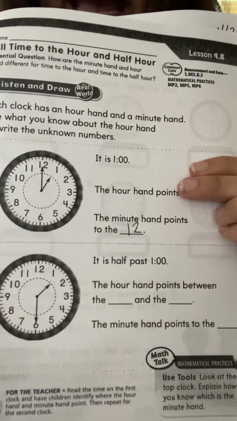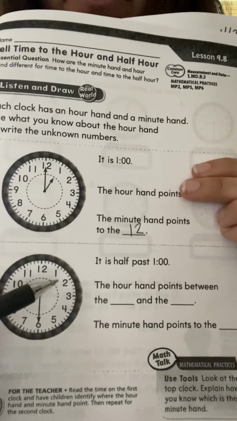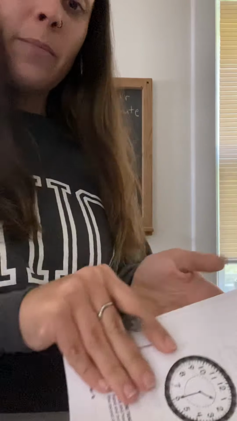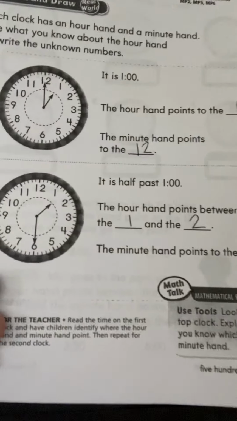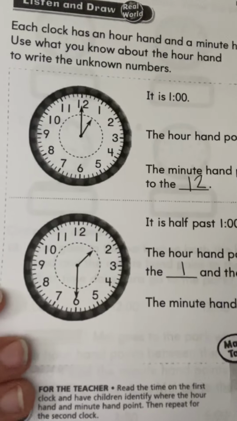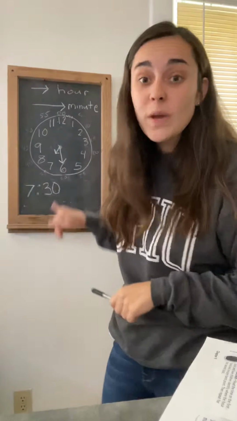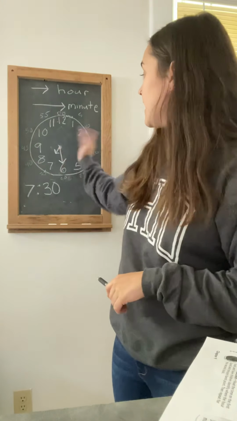So, the hour hand is in between what two numbers? 1 and 2, good. And the minute hand is where? On the 6, because that would be halfway between the next two numbers.